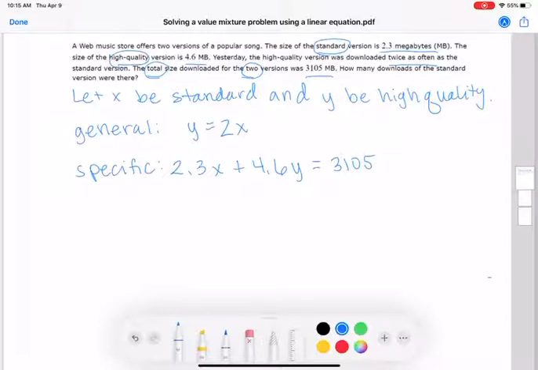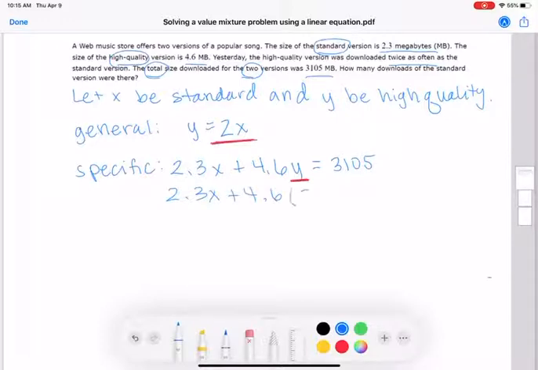And notice that we have 2 variables in each of those, right? So do you see how this Y, another way to write Y would be to put 2X? So let's go ahead and with this Y down here, instead of writing Y, since they equal the same thing, let's just go ahead and write 2X. Okay, so I'm going to have 2.3X plus 4.6.